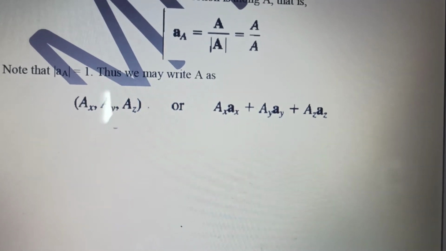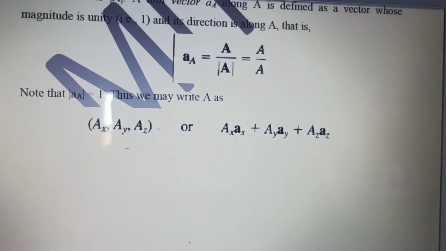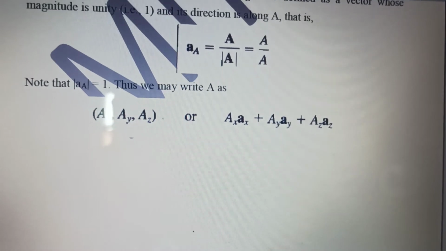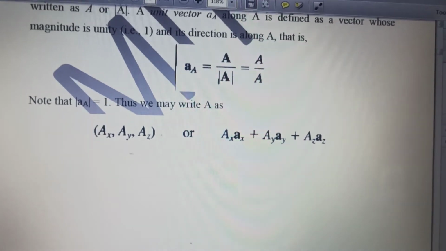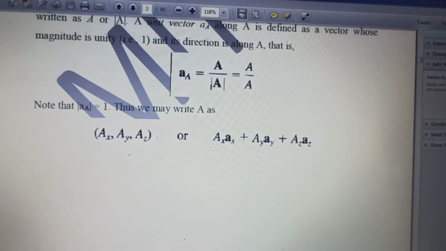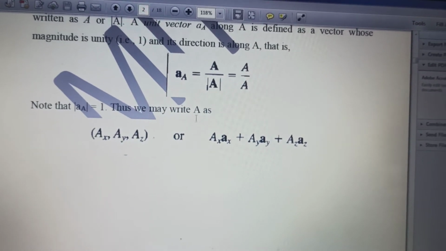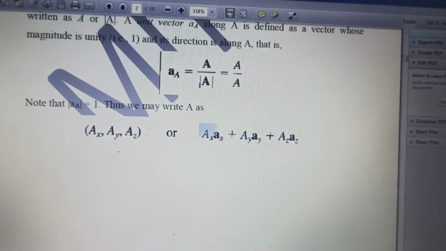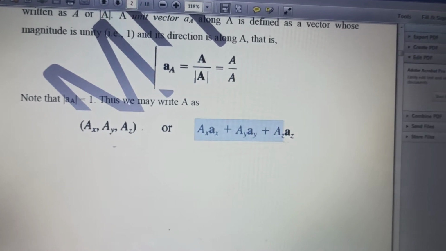So a unit vector will have a magnitude of 1.